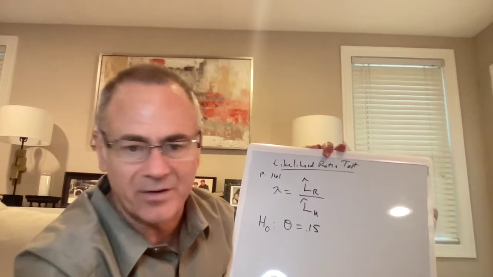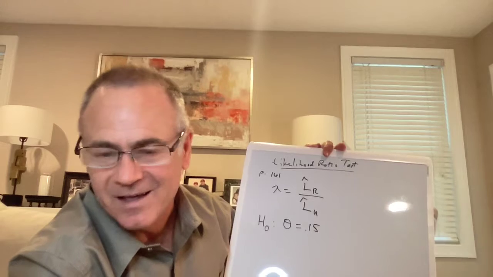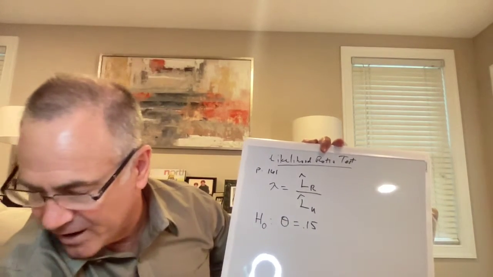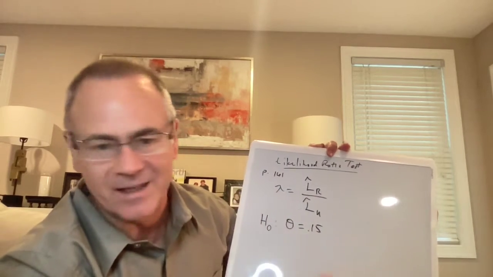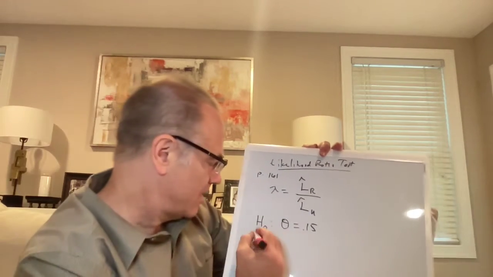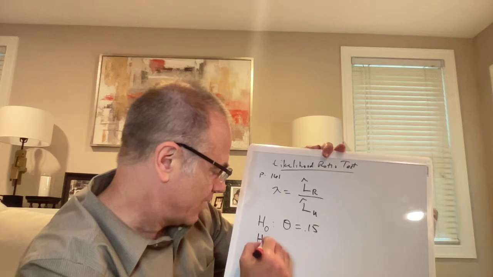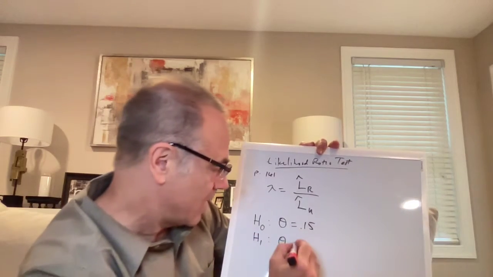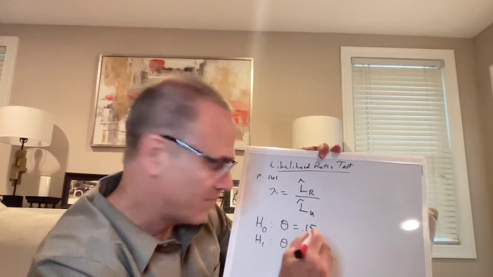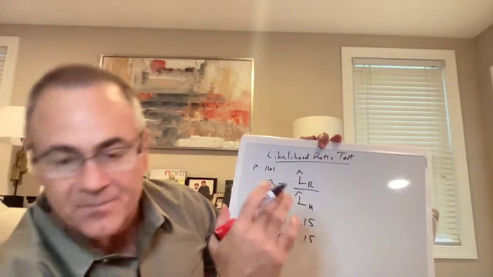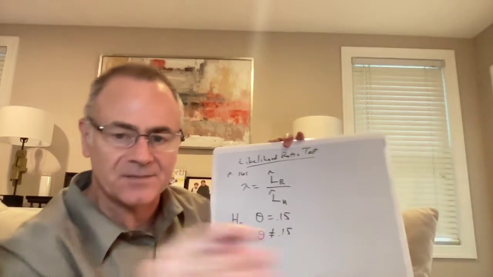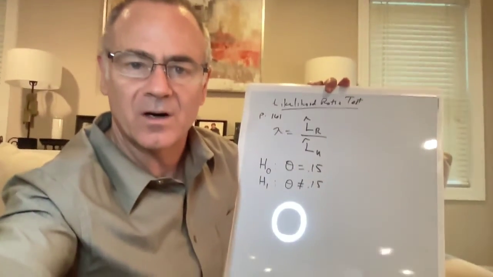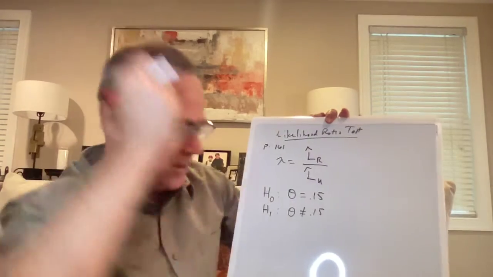For some reason, our political theory said 0.15 is the magic number; it could have been anything. And then usually we'll have an alternative hypothesis, H1, where theta is just not equal to 0.15.